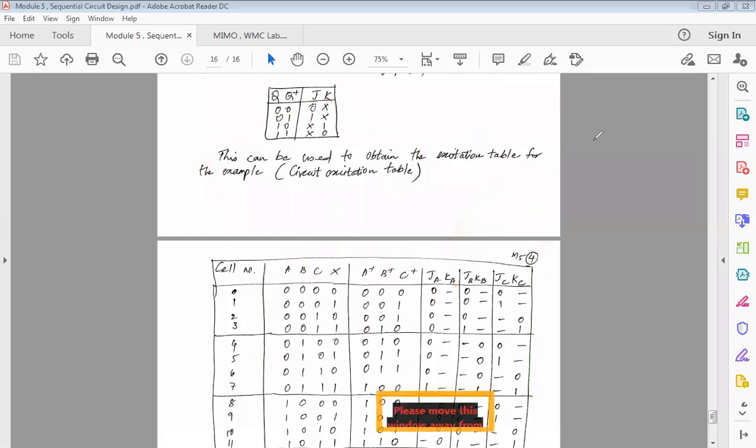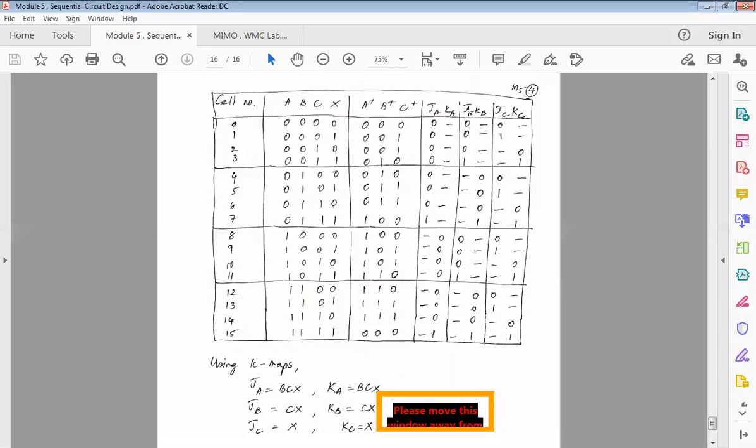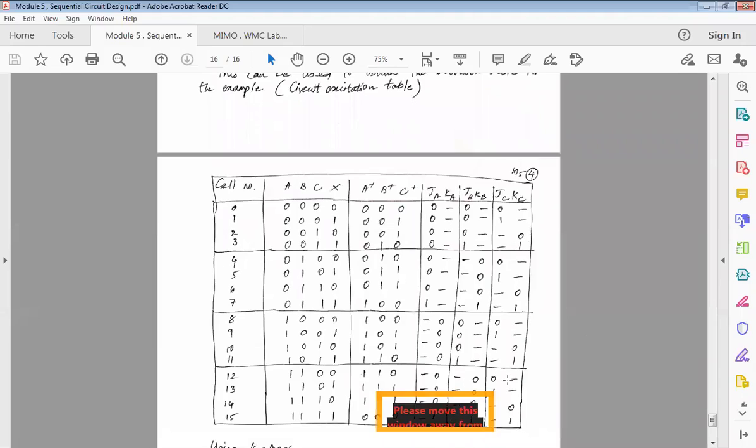So once we have the values of JA, KA, JB, KB, JC, KC, only those values I will put in my K map. For JA, I will have a separate K map. For KA, I will have a separate K map. JB, KB, JC, KC.